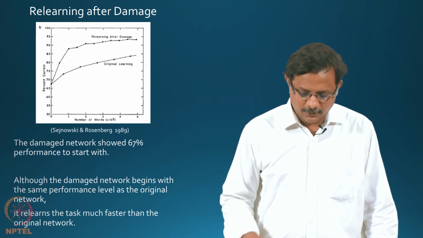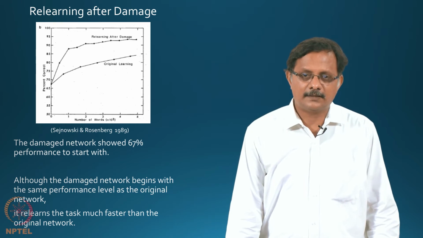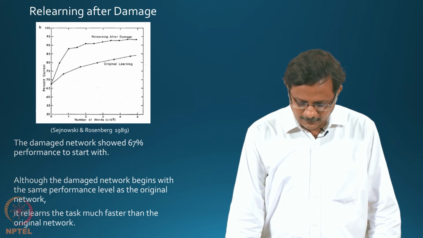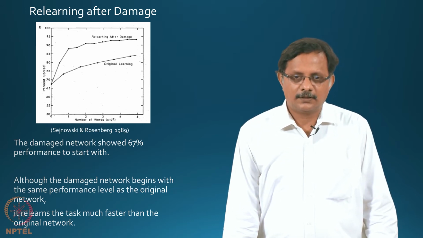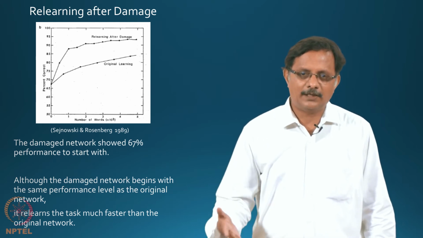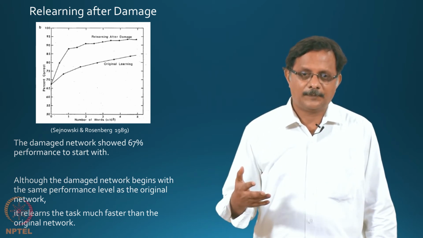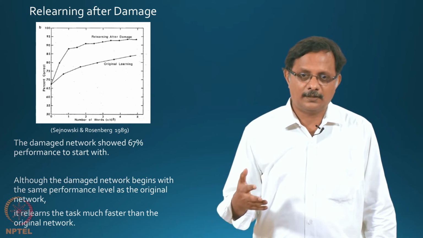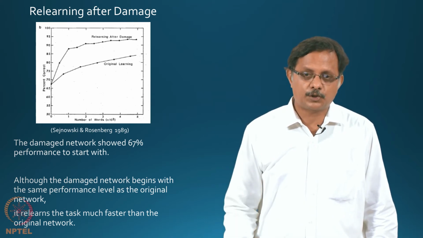You can clearly see that the network learned much faster than the original network when you train the damaged network. This kind of study is interesting and sheds some light on how people learn after a kind of brain disorder or a brain accident like cerebral stroke.